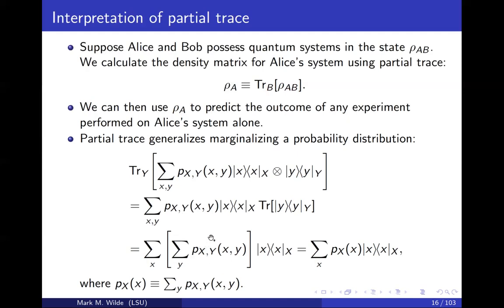If you're summing over one variable of a joint probability distribution, that is what is known as marginalizing a joint probability distribution. That's what we've done here on the bottom. So we'll define Px to be the marginal of this joint probability distribution.